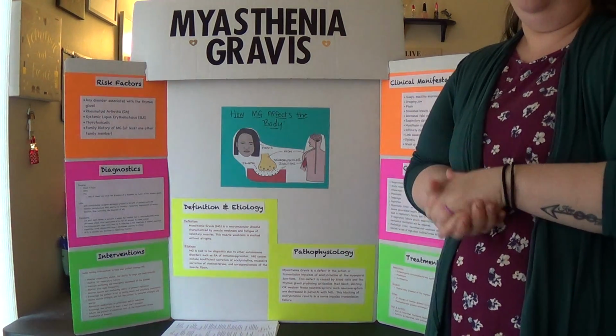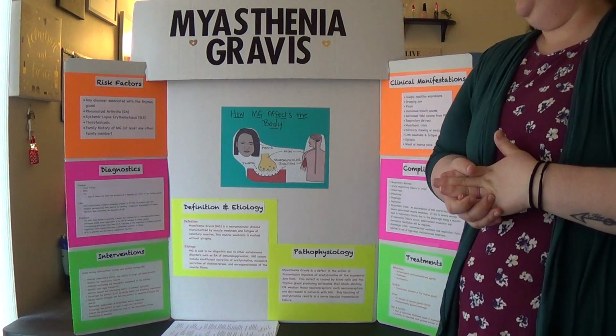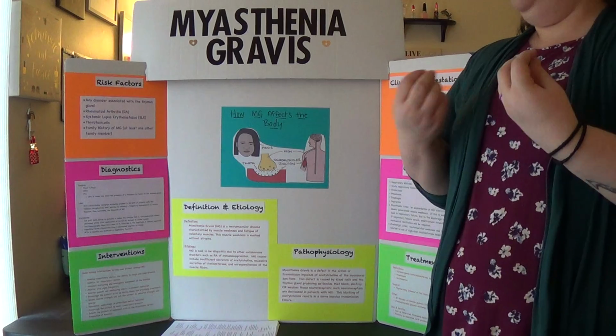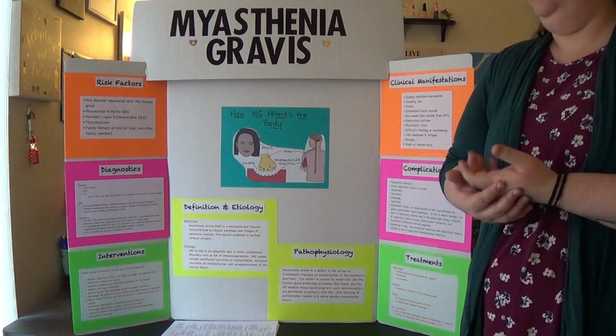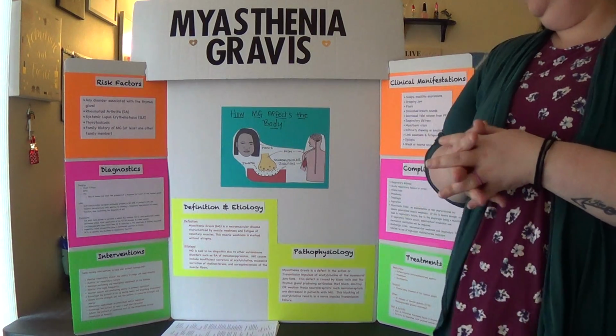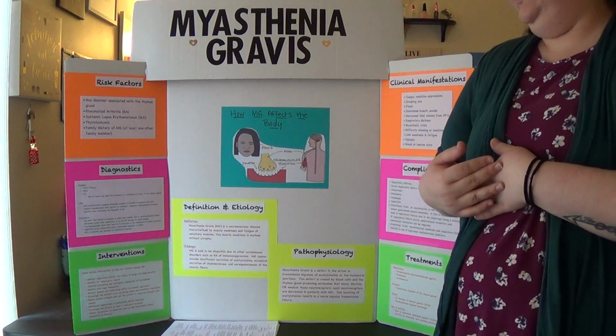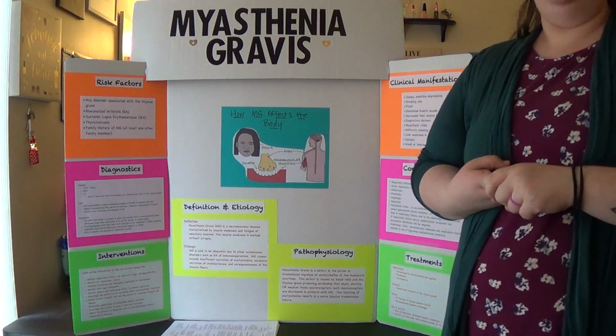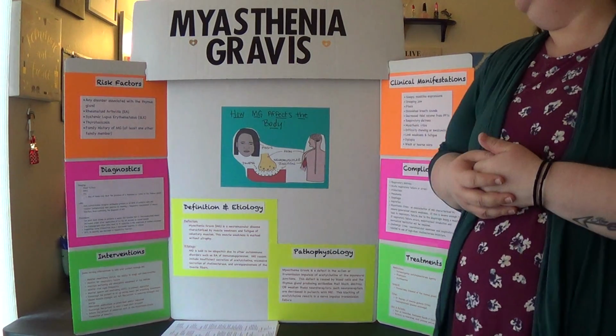They can also perform the Tensilon test, which is a temporary improvement in muscle weakness that can help determine a positive result for MG. Other tests include electromyography and repetitive nerve testing for MG.